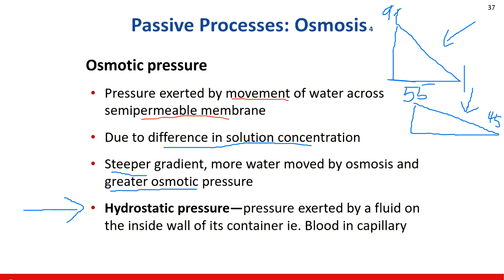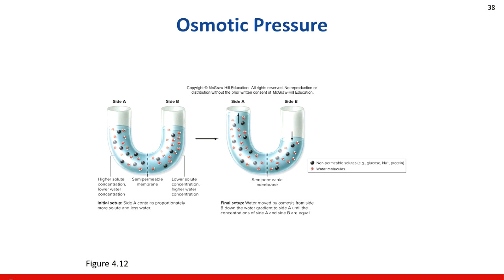All right? So when we talk about osmotic pressure, let's use an experiment here. So here we have this U-shaped tube, and on side B, our right side, if you count it up, you'll notice these little red dots, those are your water molecules. We have more water molecules on side B than we do on side A. Okay? In the middle, we have a semi-permeable membrane, and that's only going to let water move.